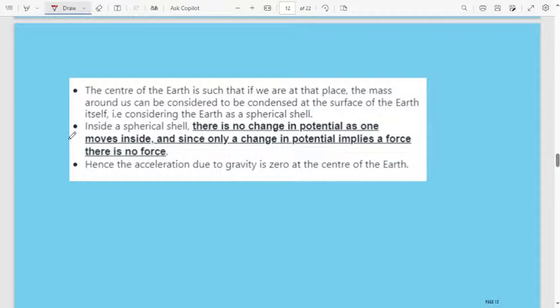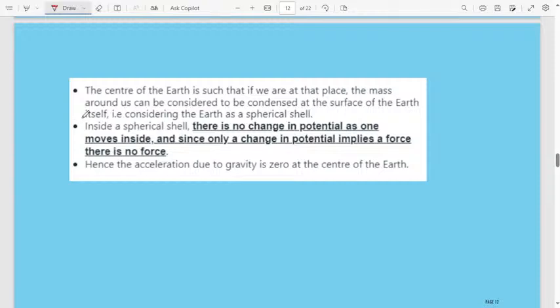Why is there no gravity at the center of the earth? The center of the earth is such that if we are at that place, the mass around us can be considered to be condensed at the surface of the earth itself, considering the earth as a spherical shell.